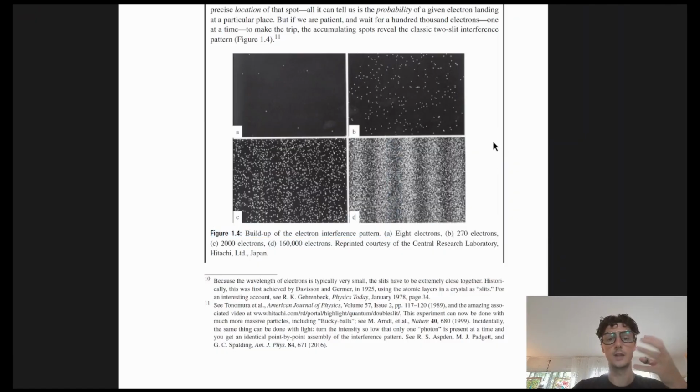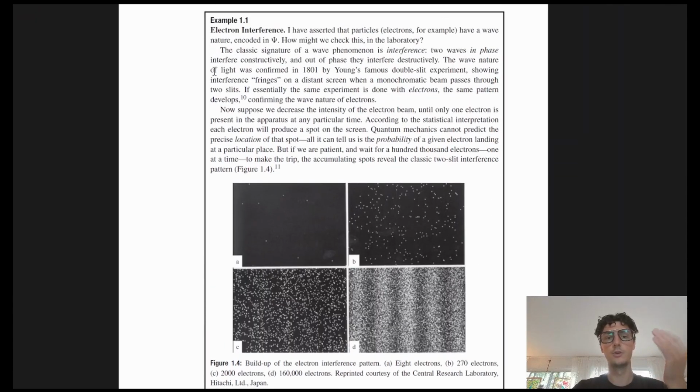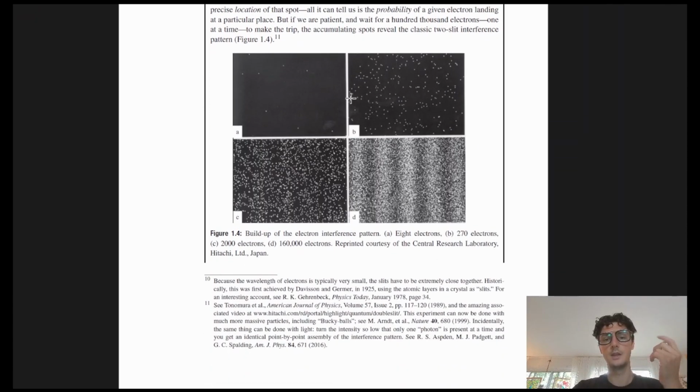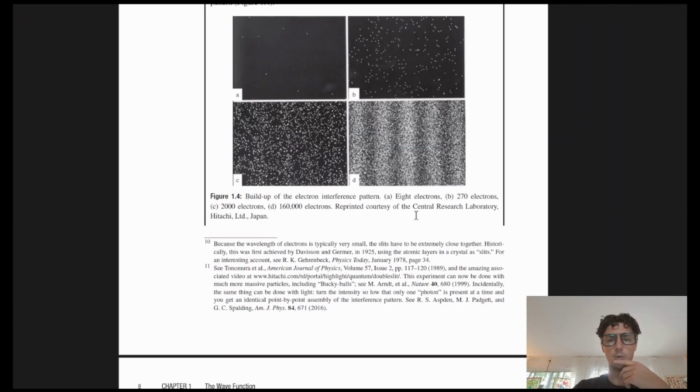So normally you think of electrons as just tiny balls orbiting around. You know, this is the nucleus of the atom. You got electrons zooming around. But you shoot them through a double slit experiment and they show behavior indicative of waves. So these single electrons behave like waves, which is very interesting. Reprinted courtesy of the Central Research Laboratory, Hitachi, Japan.